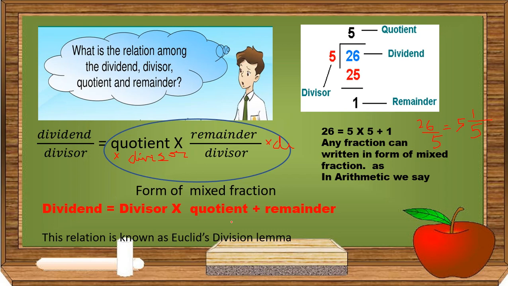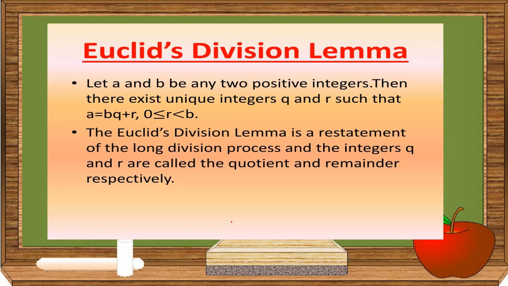This relation is known as Euclid's division lemma. So what does it say? If we have any two positive integers a and b, then there exist unique integers q and r such that a is equal to bq plus r.